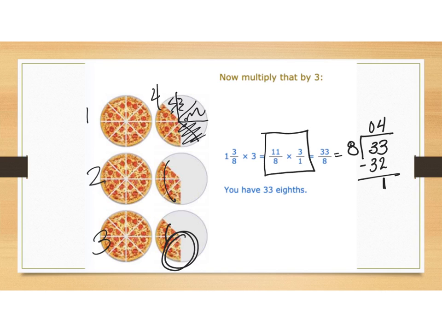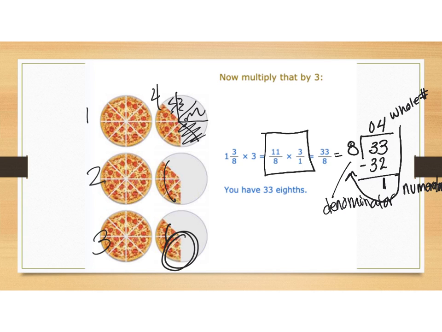But remember, if you're writing this as a mixed number, here's what you're going to do. Now you are going to analyze this. This top number is going to be your whole number. This bottom number 1 is going to be your numerator. And this 8 right here is going to be your denominator.